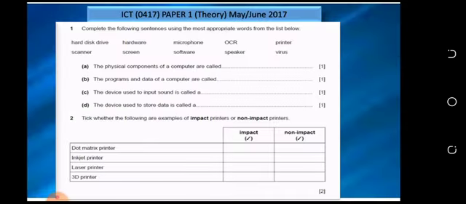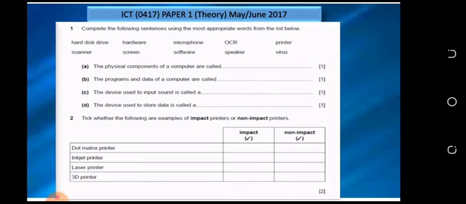If they ask the student to evaluate or to explain, that does not mean that the student should be writing an essay. What the examiner is expecting from that particular student is to put down his or her point. In fact, if possible, the student can itemize his or her points.